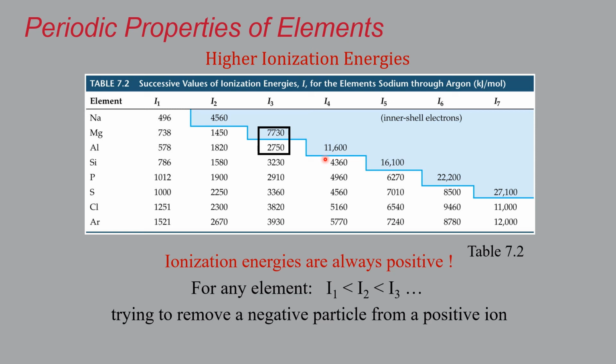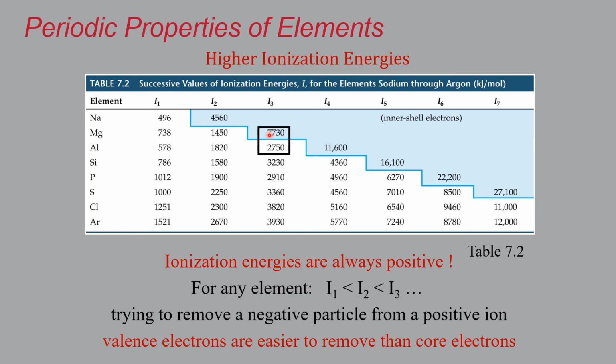Why is the third ionization energy for magnesium so much higher than that for aluminum? Valence electrons. Aluminum has 3 valence electrons. Magnesium has 2. Aluminum has a 3s2, 3p1 configuration. Magnesium is just 3s2. So when you remove 3 electrons from aluminum, all 3 of those are still valence electrons. The third one in magnesium is a non-valence, or core, inner shell electron.